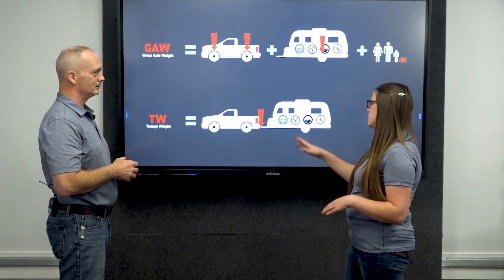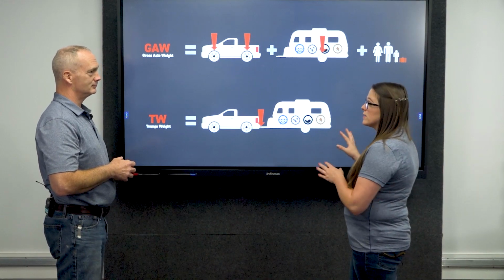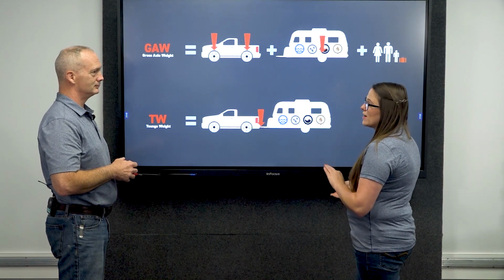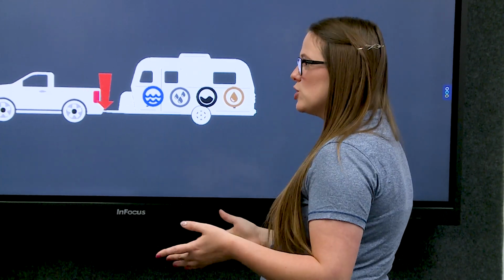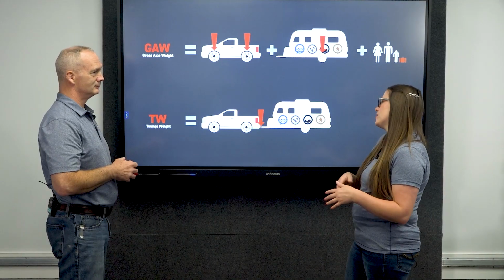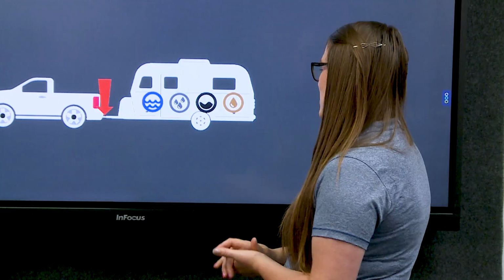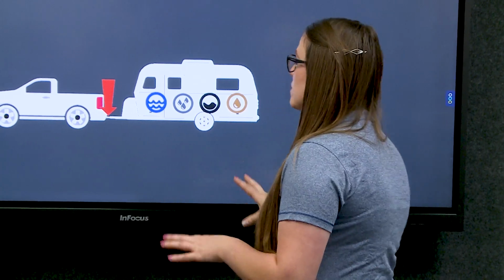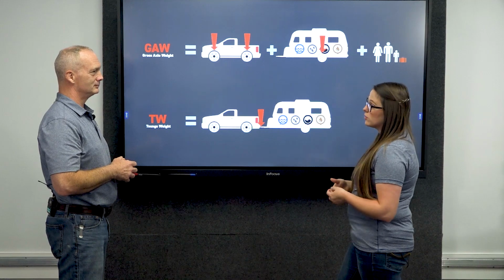Sometimes your freshwater tank will be in the center, and you have to accommodate for that weight that's already pre-planned into the trailer. You also have to add in that you're throwing in beds and people and camping chairs, and make sure that you have a whole hog to roast once you get to the campground. So making sure that it's distributed throughout the whole thing, I can see why it plays such a big role in being able to drive and tow safely.